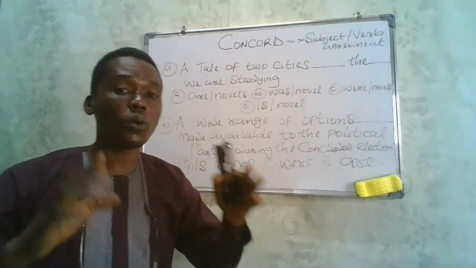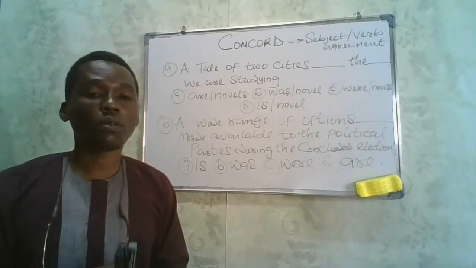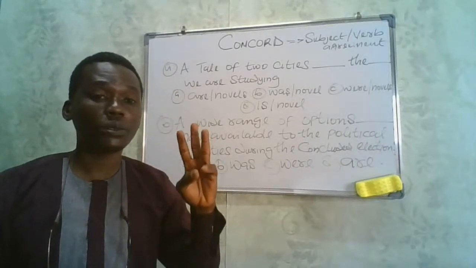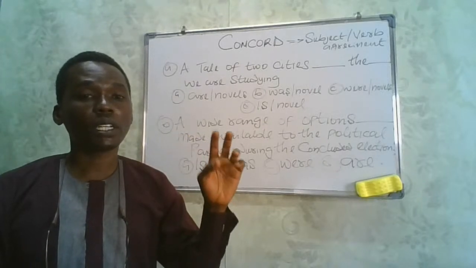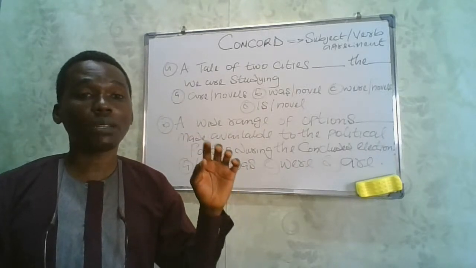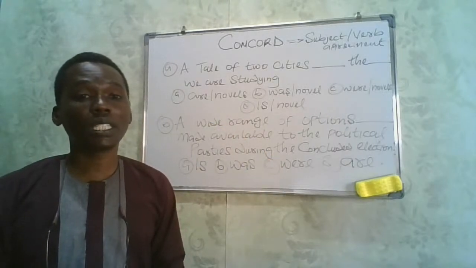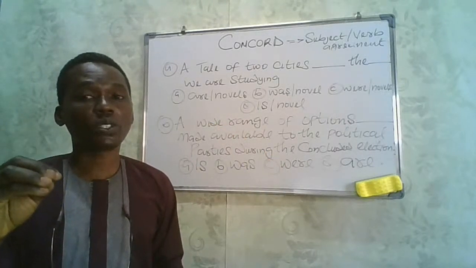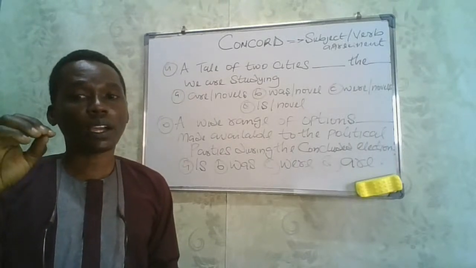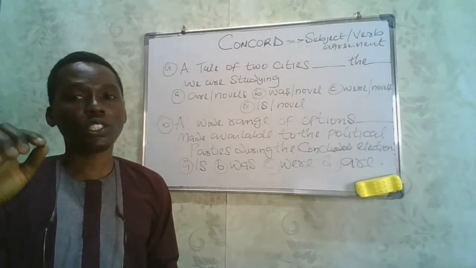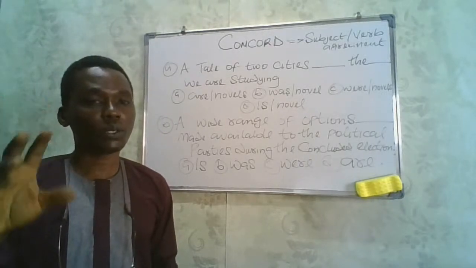In our next topic, we are going to look at another 3 rules of Concord. Today we have considered 3 rules of Concord, which have to do with subject-verb agreement, subject-object agreement, and the mandative subjunctive Concord, which has to do with statements or words like recommendation, wish, pray, suggest, and resolution.